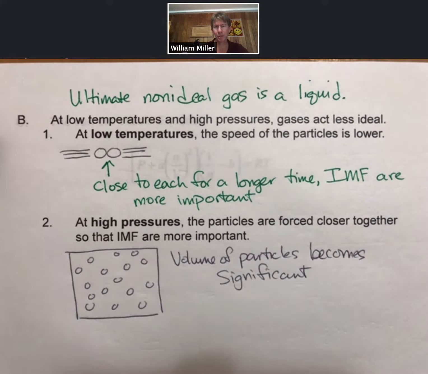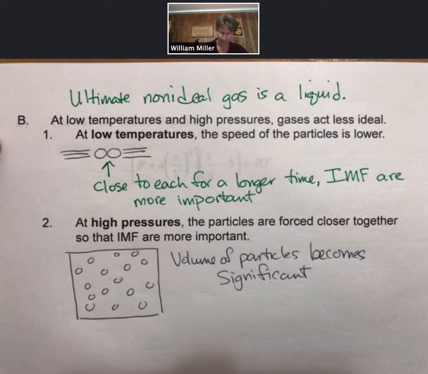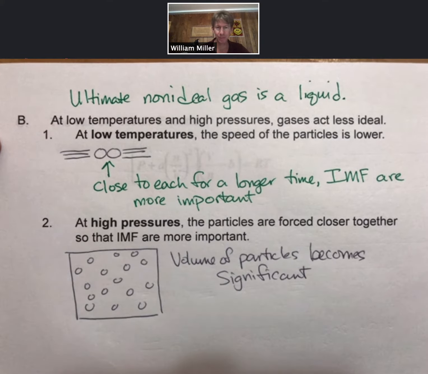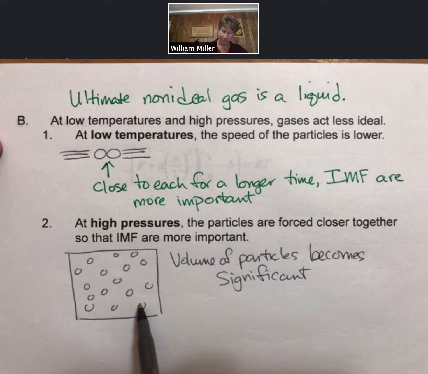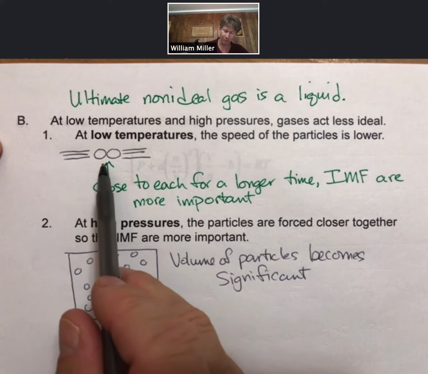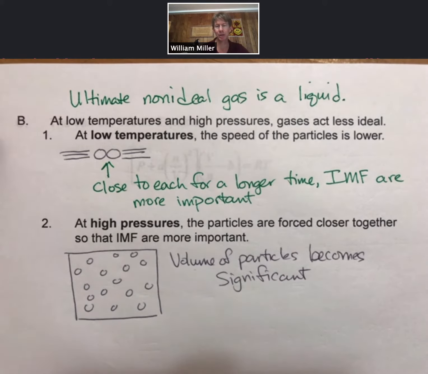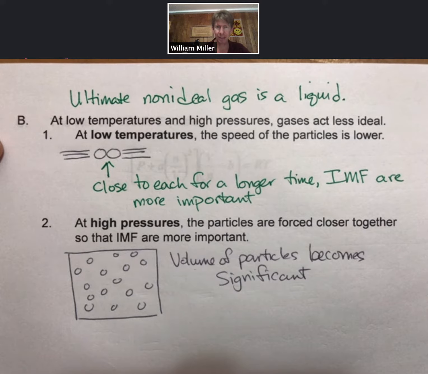And therefore, our picture of an ideal gas as one particle in this entire space is no longer true. They're closer together, so the volume is affected, and they're moving more slowly. So intermolecular forces are also important under both of these conditions. If the question is, when does a gas act non-ideally or as a real gas, you will say at low temperatures and high pressures.